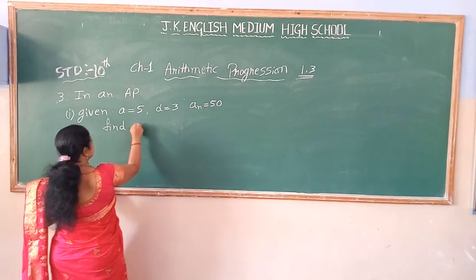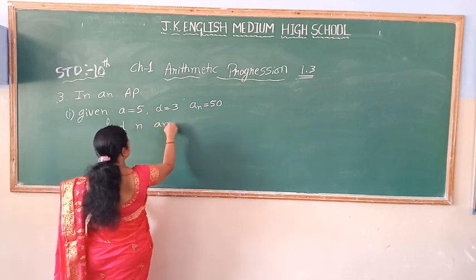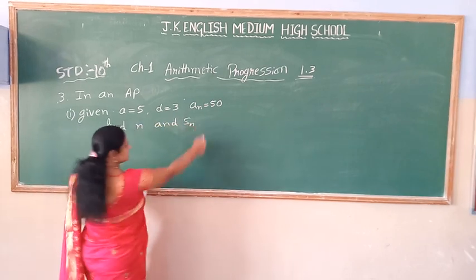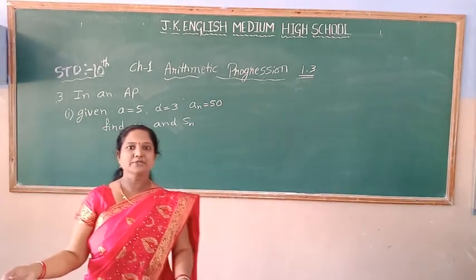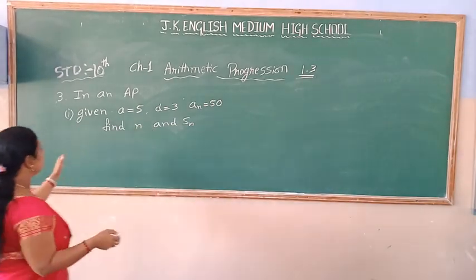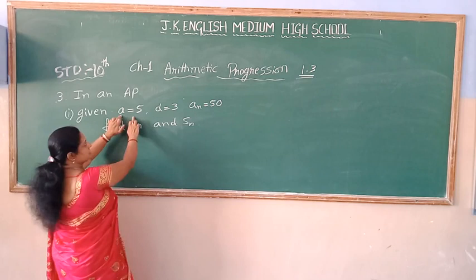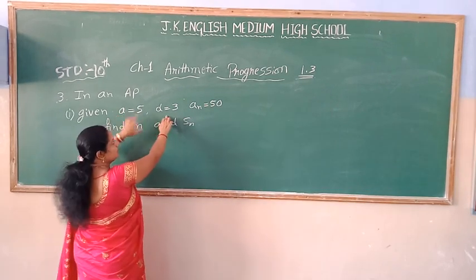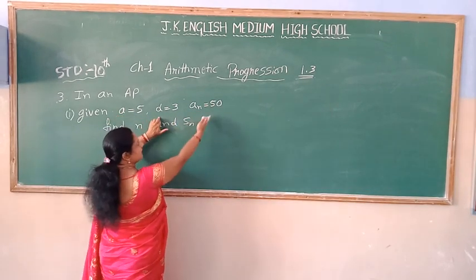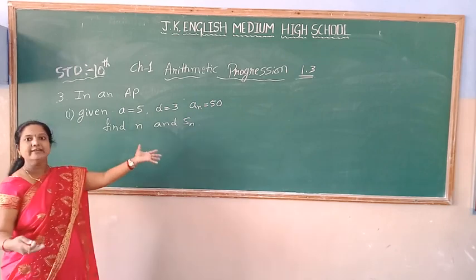You observe this question now. In an AP they gave the first term value, the common difference value, and the nth term, and I will find out n and Sn.